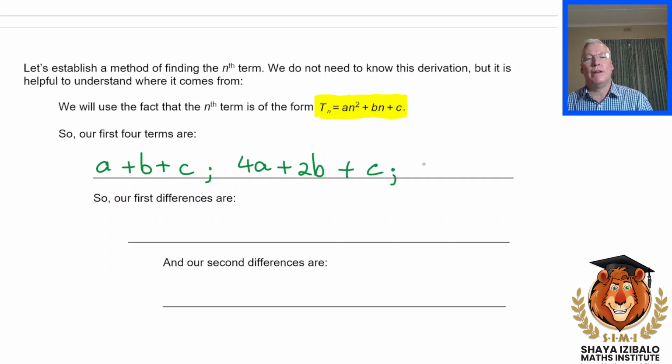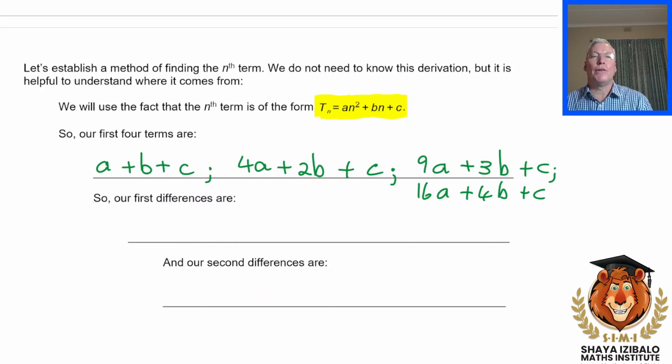And if n was 3, we would get 9a, 3 squared times a, 9a, plus 3b plus c. Now, in fact we'll do one more, right? And I know I haven't left us a lot of space here with the way I've written it, but if n was 4, we'd get 16a plus 4b plus c. So these are the first 4 terms.